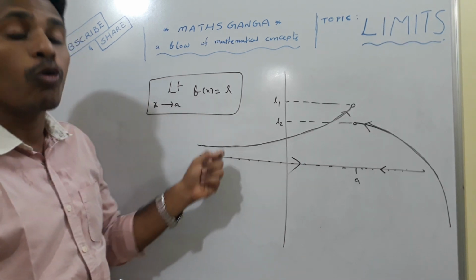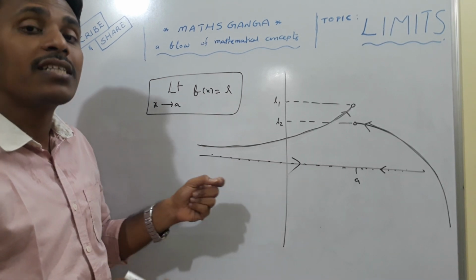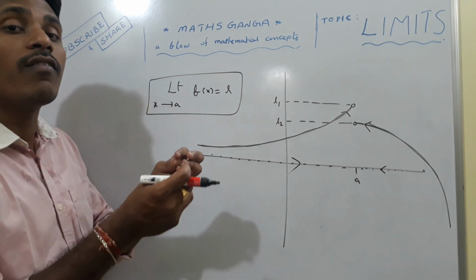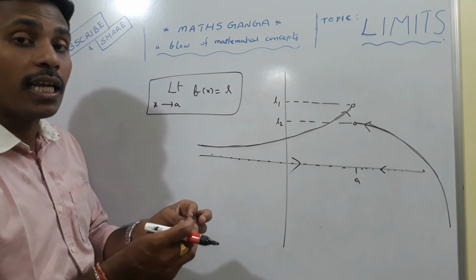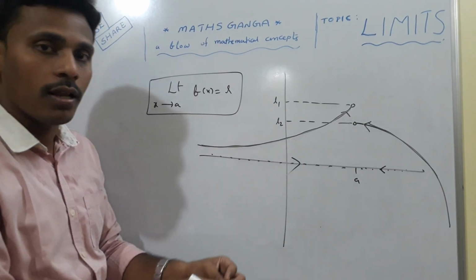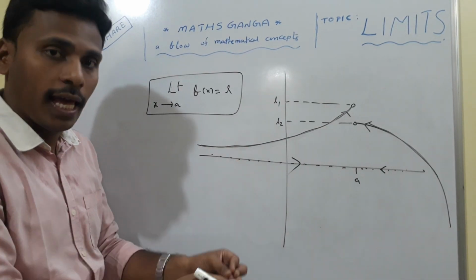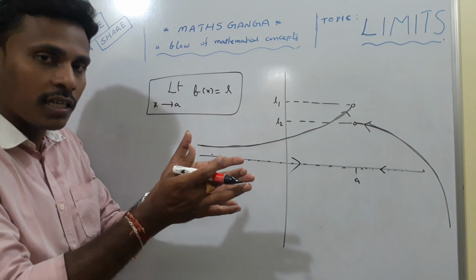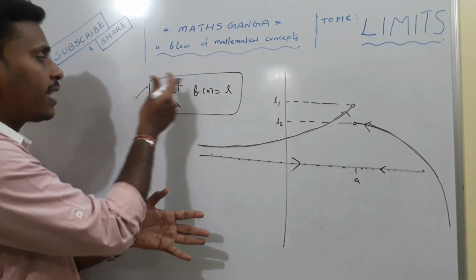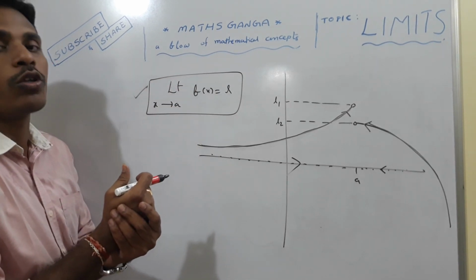If x is very near to A, if the difference between x and A is very small, then the difference between f of x and L is also very small. f of x is also approaching L. This situation is symbolized using this notation as limit x tends to A, f of x is equal to L.